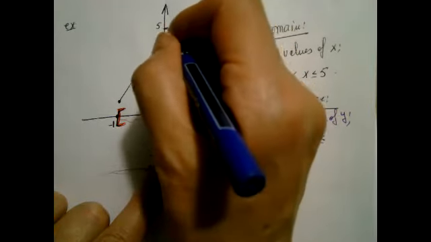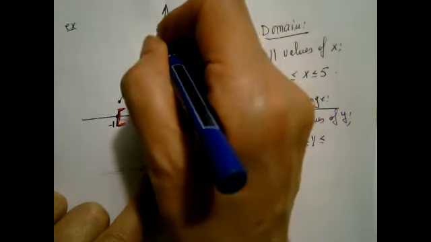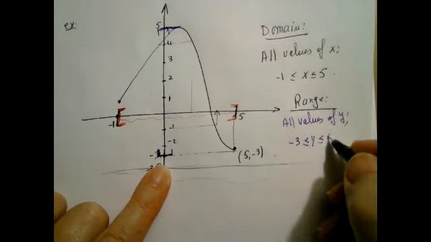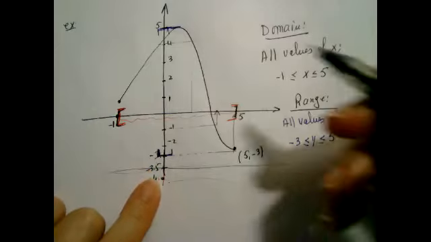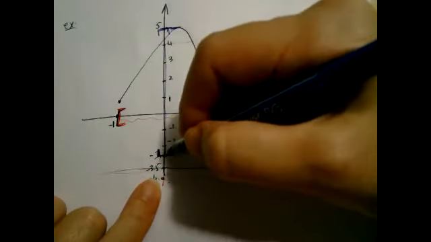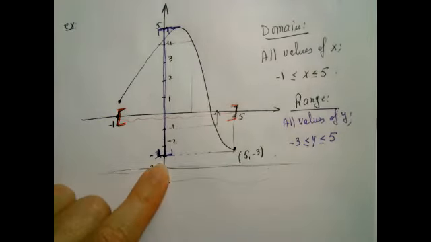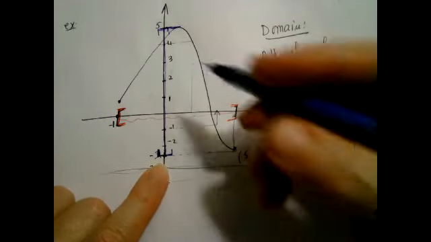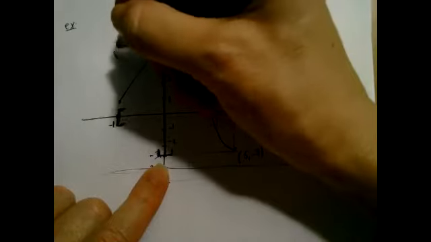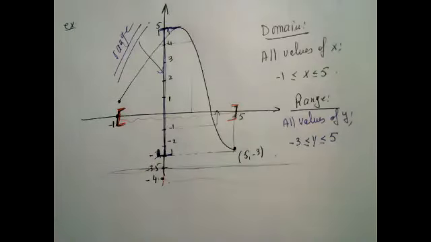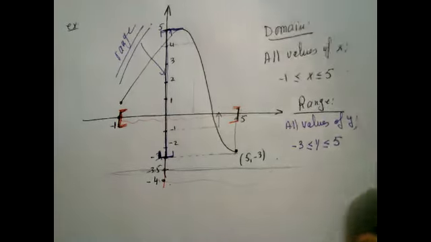All the way up to here. That's the range. So from -3 all the way up to 5. So the range is this here. It's right there, on the y-axis. All the y values that could be obtained by an x value. So this is the range.